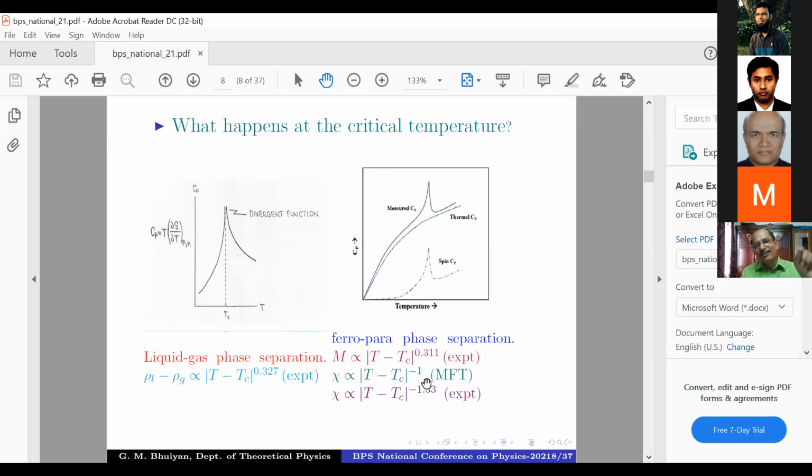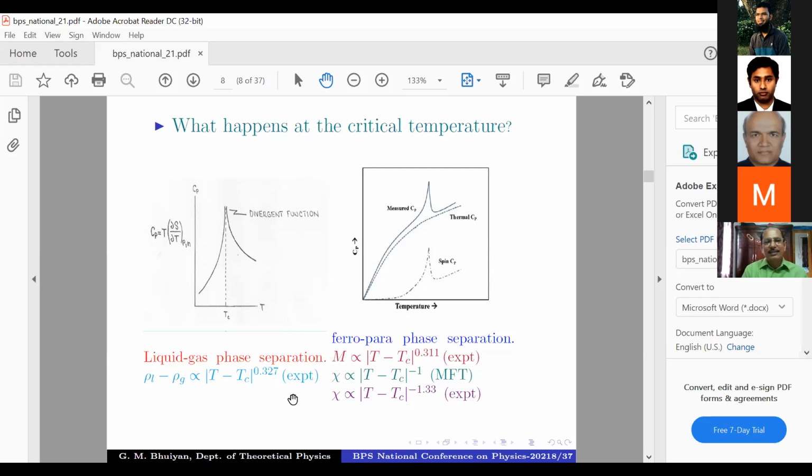That means they find C divided by T minus Tc, very close to the transition point. And what happens experimentally is that the exponent is not -1, it is -1.33. So we can now distinguish between the mean field theory and the real behavior of magnetic systems. So these are the two things. Now, one thing I would like to tell you is that there is a term called universality.